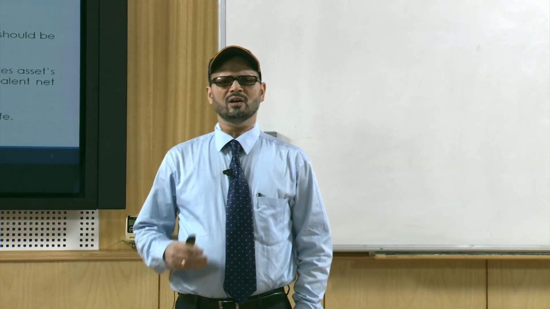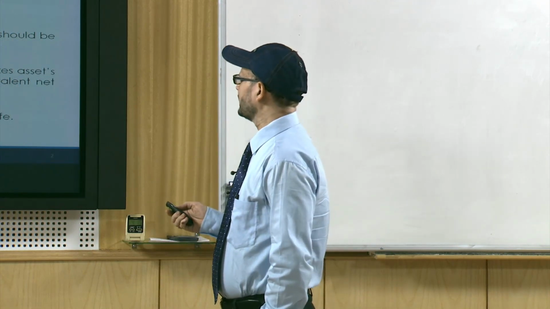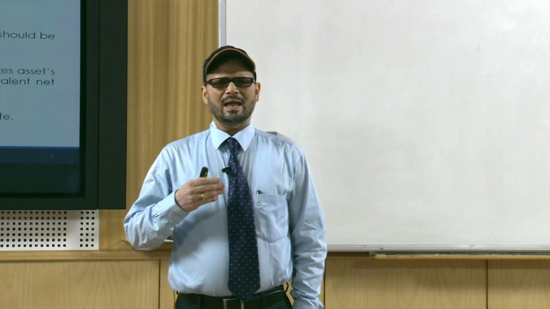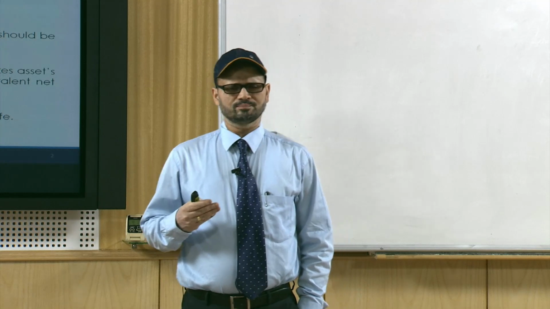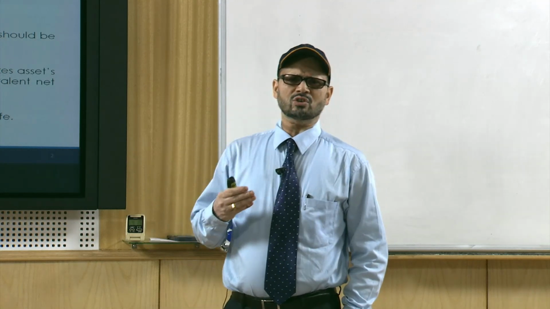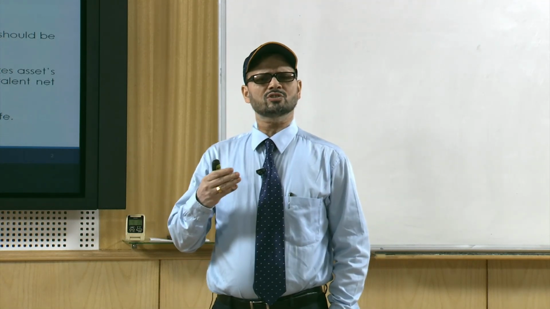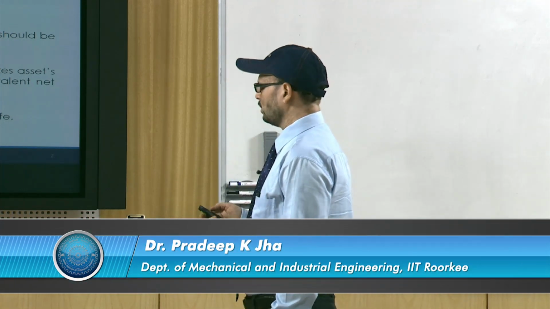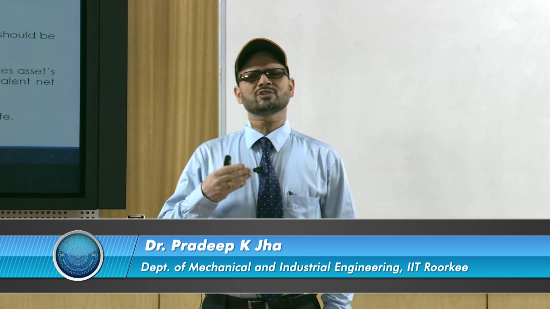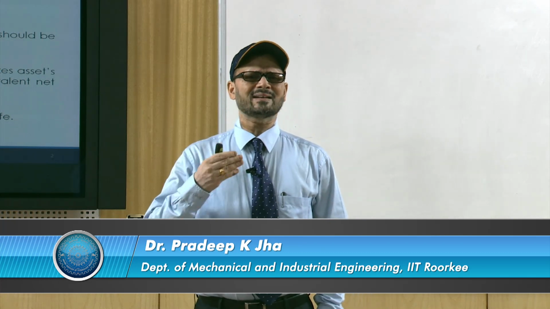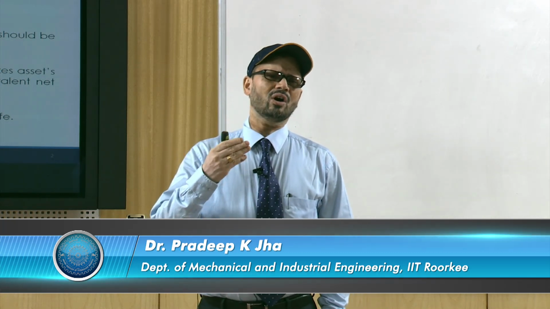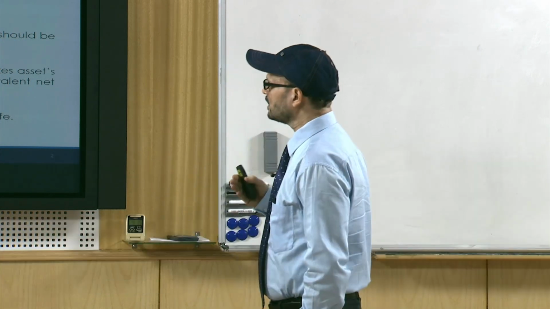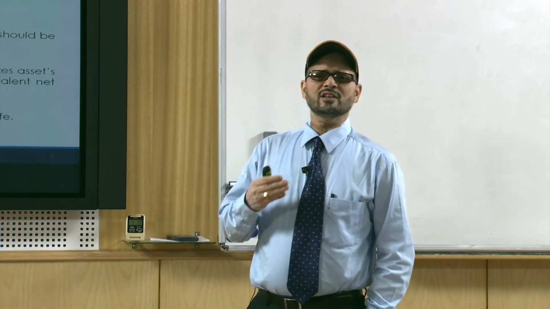Now, in economic terms, when we use any asset, as the asset grows older, the maintenance cost or the operating cost on the machine is increasing. So, how long should the machine be used so that the annual cost which you incur on the machine is minimum?